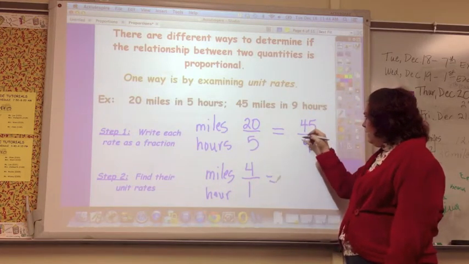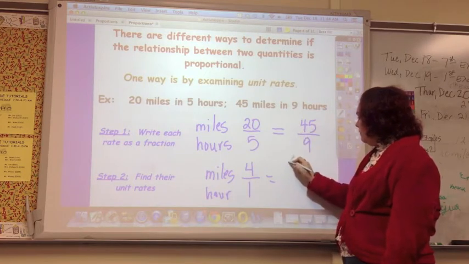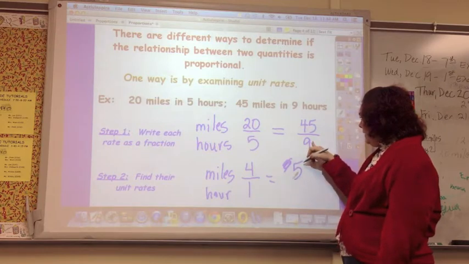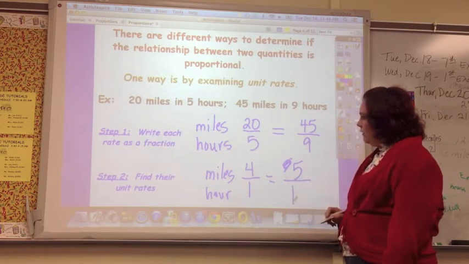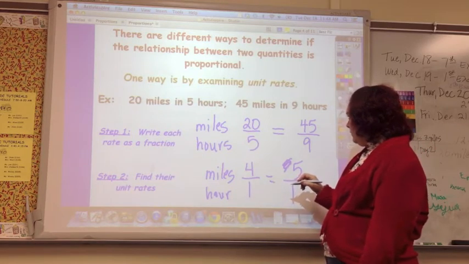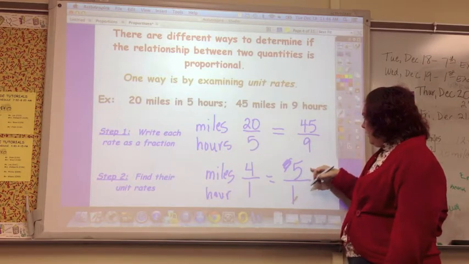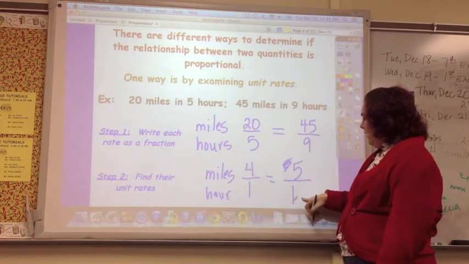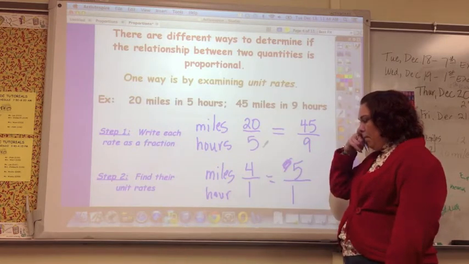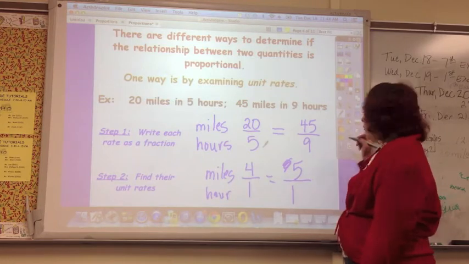And let's see, if you divide by 9, you get 5. Divide by 9, you get 1. So this is not proportional. It is not proportional because this is divide by 9 and you get 5 over 1, and this is divide by 5 and you get 4 over 1. So since these are not the same, it is not proportional.